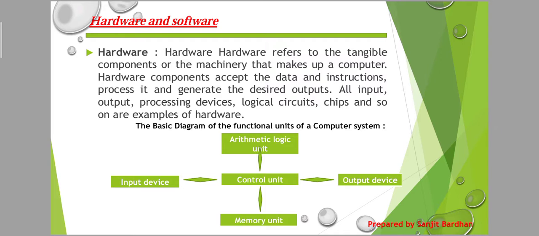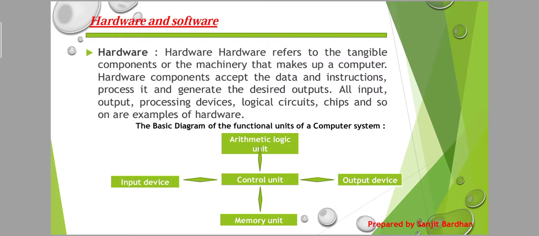Then the arithmetical logical unit processes the data logically. Then the data comes to the memory unit. The memory unit stores the data temporarily, for a few minutes. Then the computer will generate a result as output. Then we can see the result on the monitor, speaker, etc. These are the output devices.